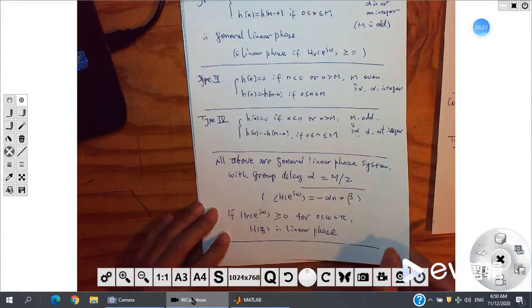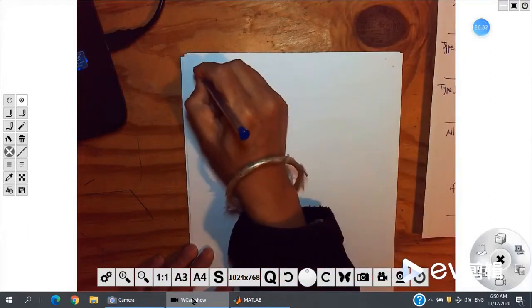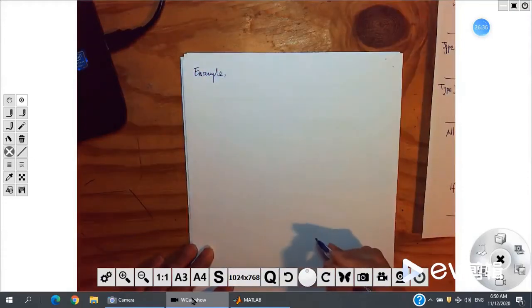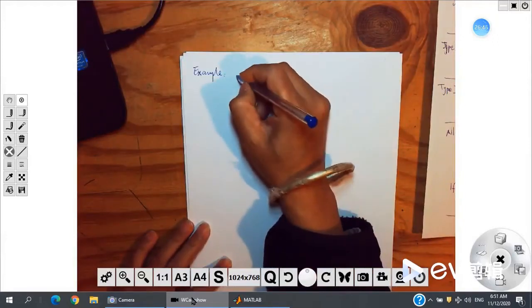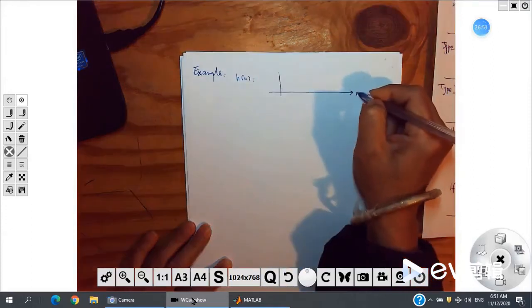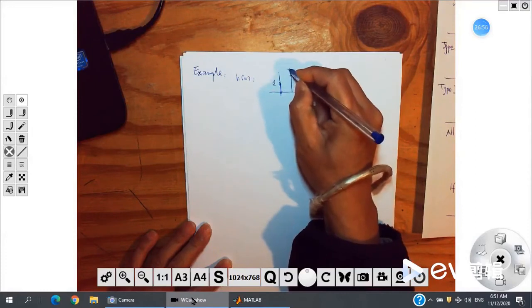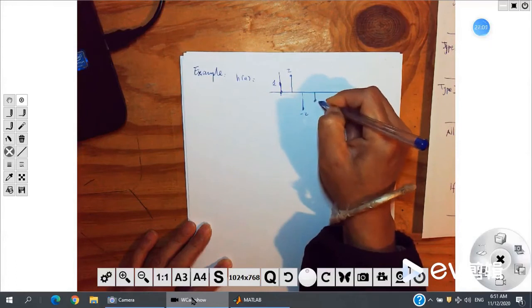So we have this. Now we can look at some examples. For type 1 and type 2, we already had some examples last time. So now let's consider type 3 first. Suppose h[n] is 1, 2, negative 2, 1.